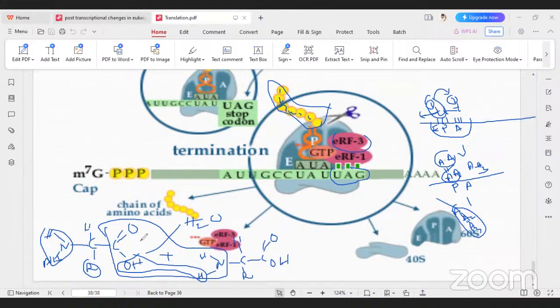That means there is no OH and no H. Now here only NH. Let's change color. The OH is already separated, and this red mark is the peptide bond.